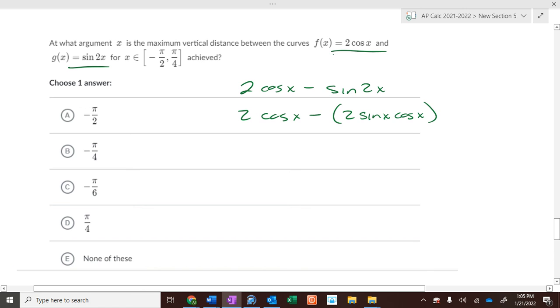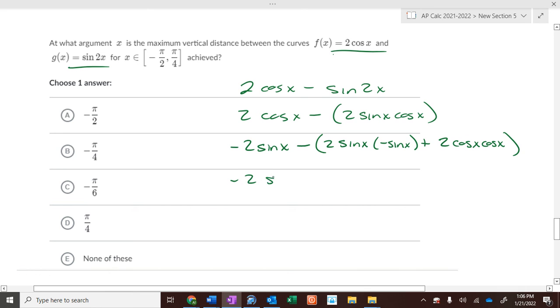Now we have to take the first derivative of that bad boy. What's the first derivative of 2 cosine of x? Negative 2 sine of x. Minus, what's the first derivative of this? Well, that would be the product rule. 2 sine of x times negative sine of x plus 2 cosine of x times cosine of x.